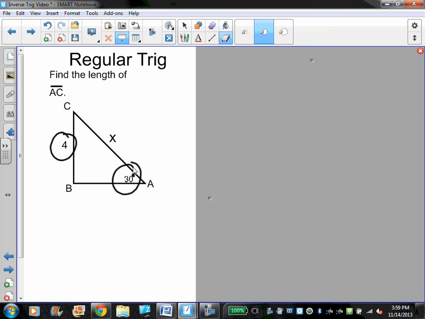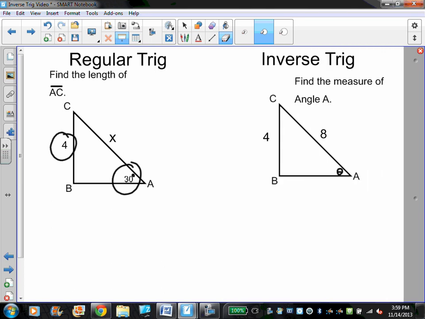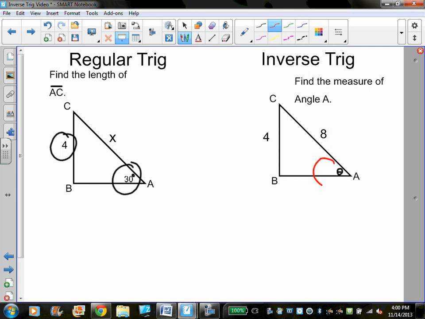Well, now that we're dealing with inverse trig, the problems are going to look a little bit different. What you'll notice about these problems is a few things. One, we're no longer trying to find a side length. Instead, we're looking for the measure of an angle.